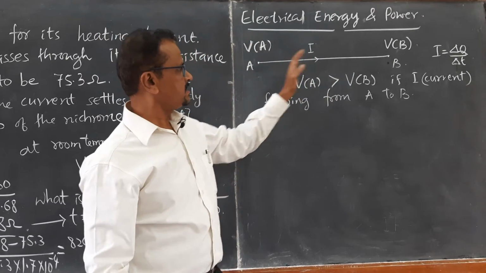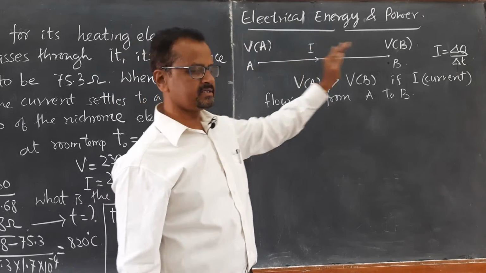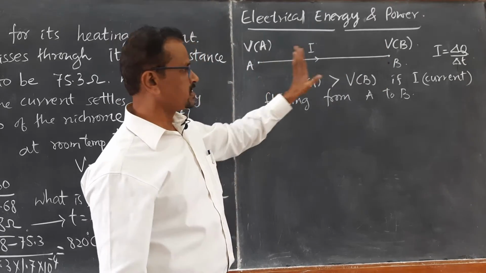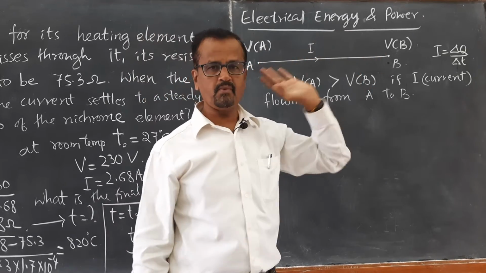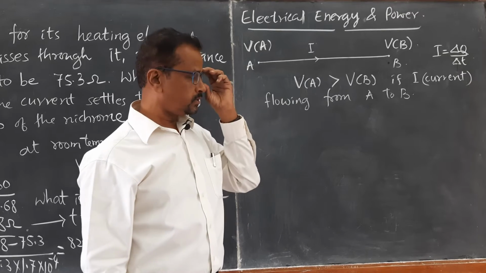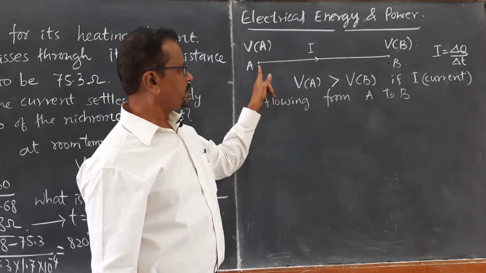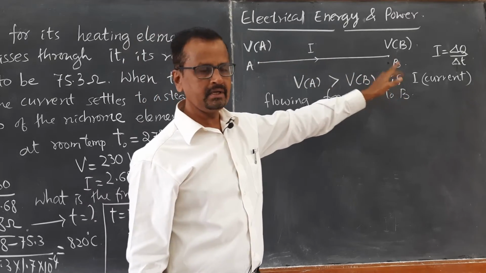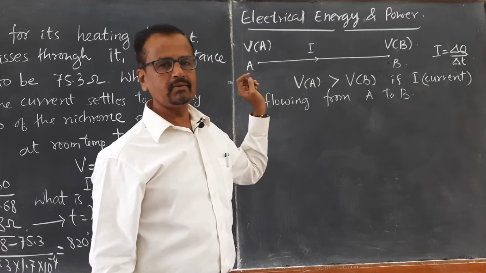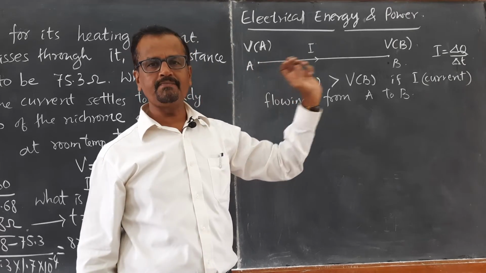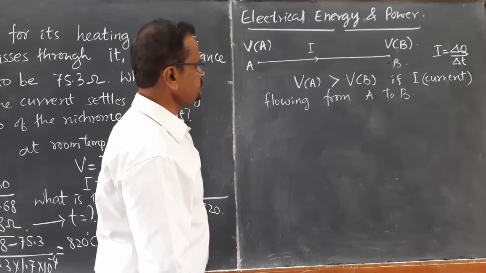As long as there is a difference in potential energy, so long there will be flow of charges. So difference in potential energy is required to allow the charges to flow from one end to another end. So if the current is flowing from A to B, A should be at higher potential than B. Then only the flow of positive charges takes place from point A to point B, right?